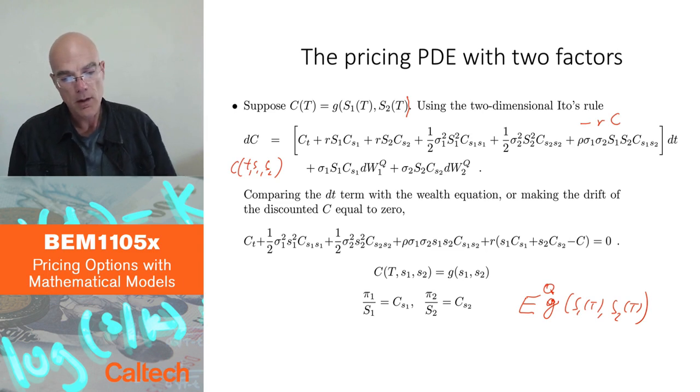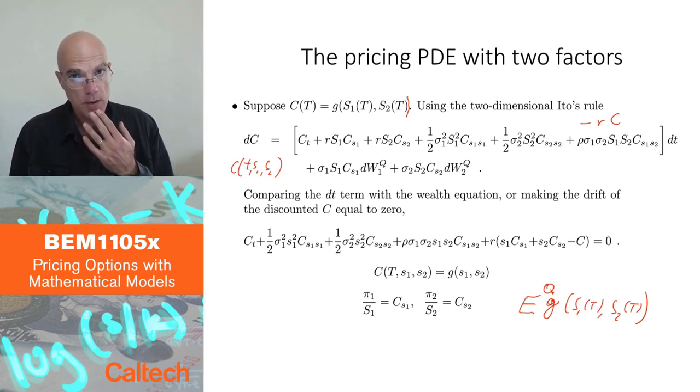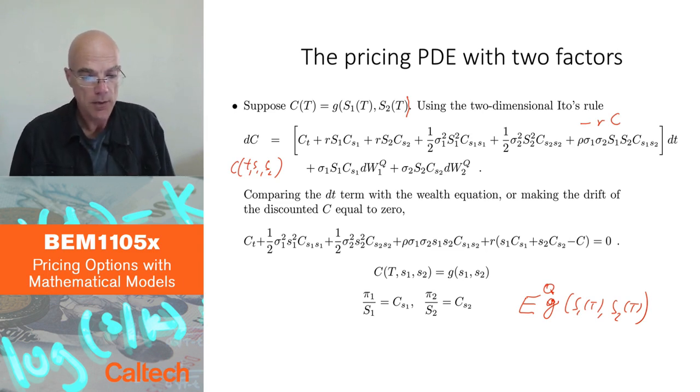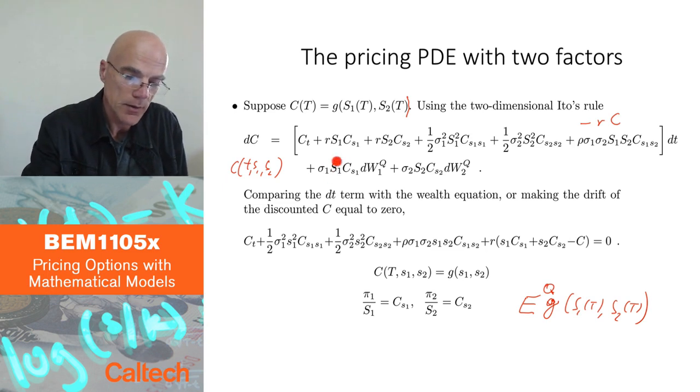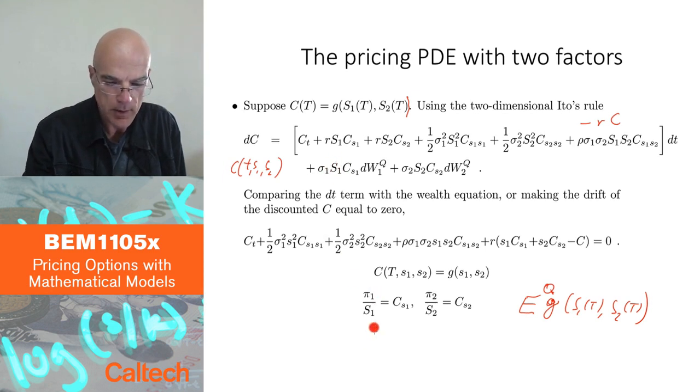And also, if you are thinking about replication or hedging, because this has to be equal to pi 1 sigma 1, you get that pi 1 over S1 is as before the first derivative with respect to S1, and similarly for pi 2 over S2.